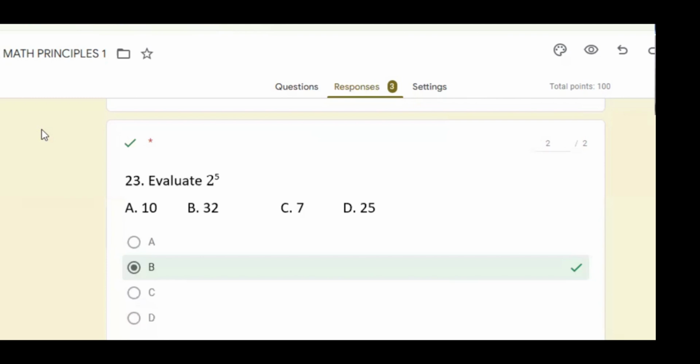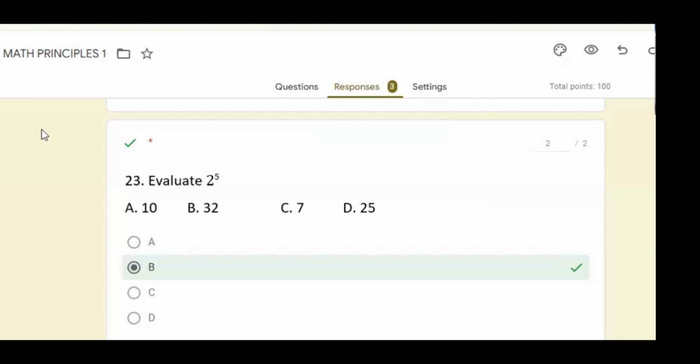So if we look at the 5, if we have to times 2 five times, like 2 times 2 times 2 times 2 times 2.